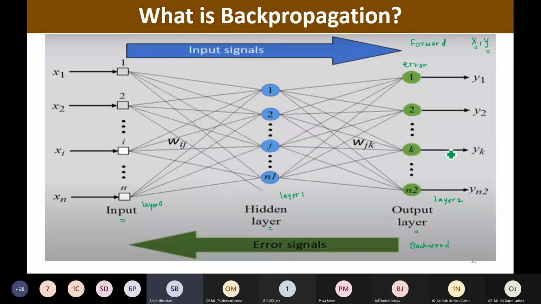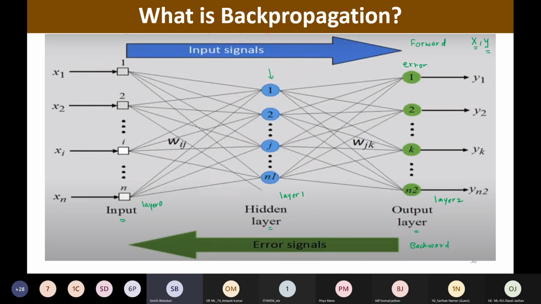The error between the actual output and the observed output can be computed at the output layer. So the error is known here, but we do not know the actual intermediate outputs at the hidden layer. Those are not known, right?